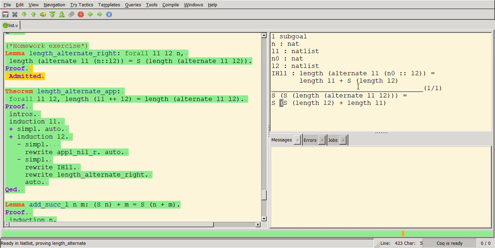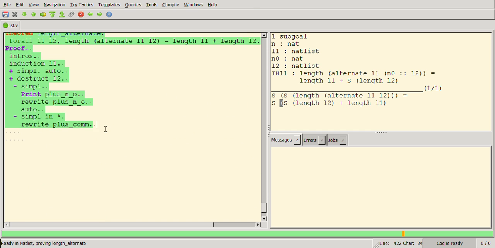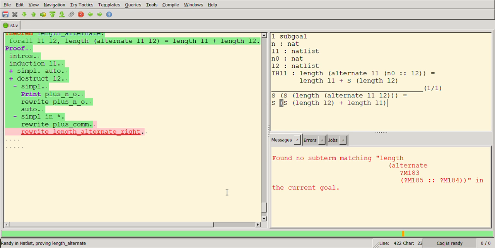I copy this lemma and then use the rewrite tactic to rewrite it. It should rewrite this term. Let me try it. Okay, found no subterm.